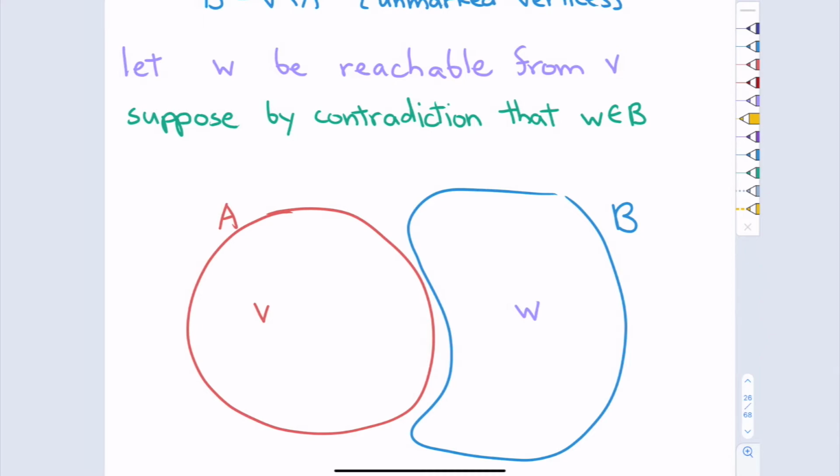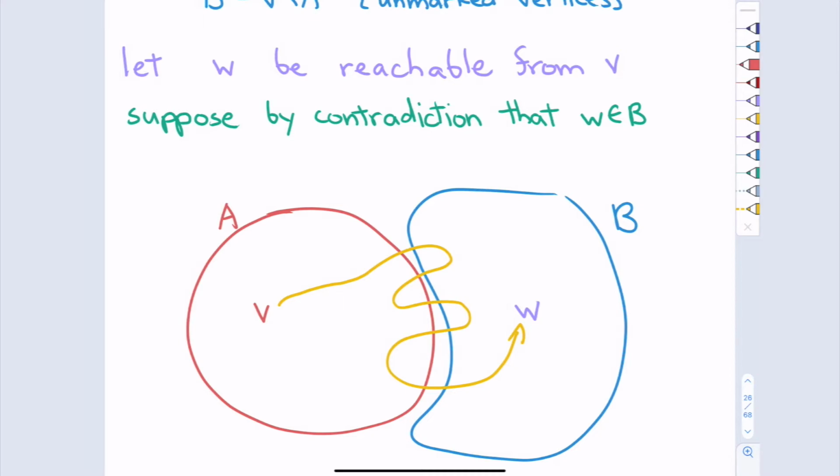All right, so if it's reachable, there's some path getting from A to B, or V to W, right? Whatever the path is. And at some point, you start in one color, you end in the other color. I must cross over at some point. Here I've crossed over several times.